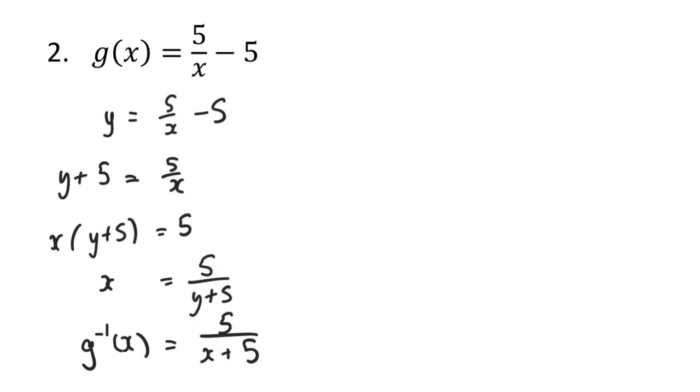We could do a numerical check for this. So if we did g of 5, because that's a nice easy number, that's going to be 5 over 5 minus 5, which is 5 over 1... minus 4. Now if we've done the inverse of g correctly, then if we substitute in minus 4 into the inverse function, we should get back to 5.